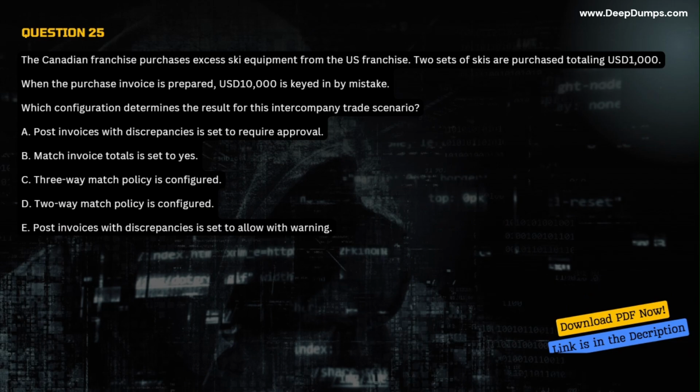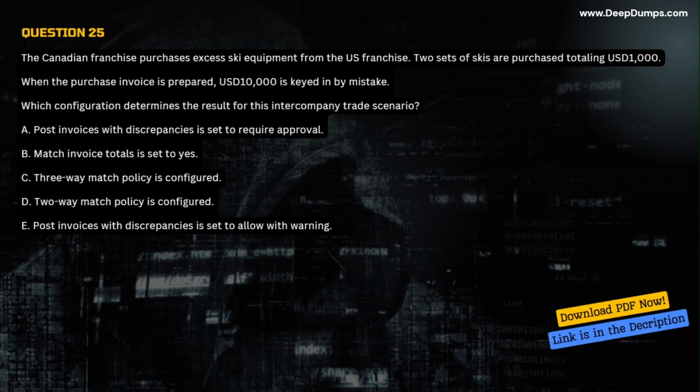Question 25. The Canadian franchise purchases excess ski equipment from the US franchise. 2 sets of skis are purchased totaling $1,000. When the purchase invoice is prepared, $10,000 is keyed in by mistake. Which configuration determines the result for this intercompany trade scenario? A. Post invoices with discrepancies is set to require approval.